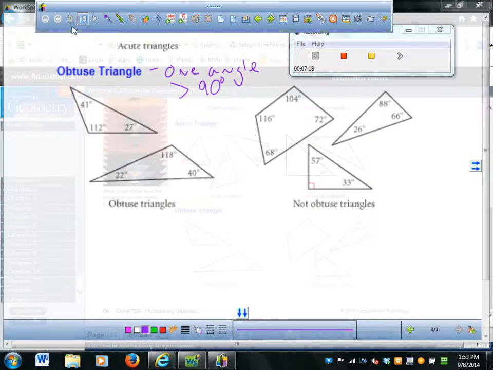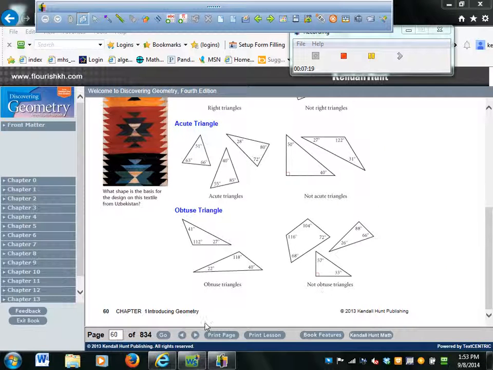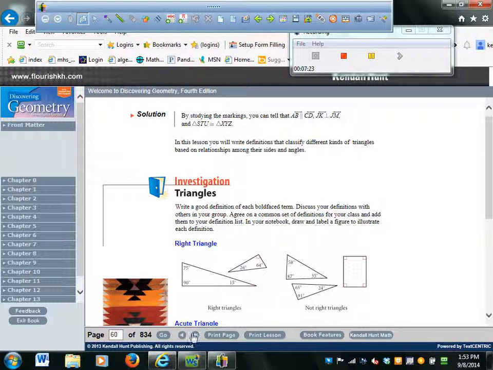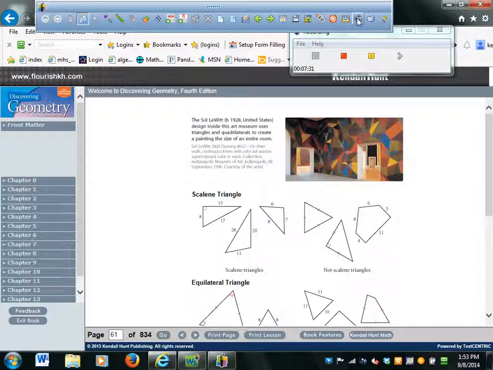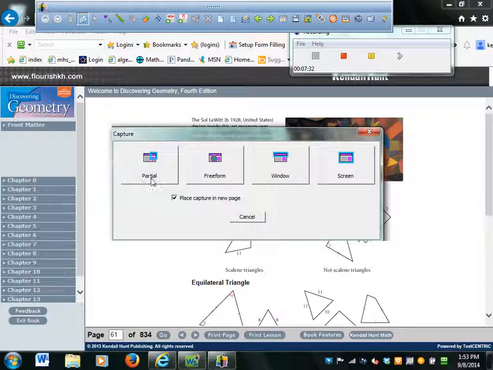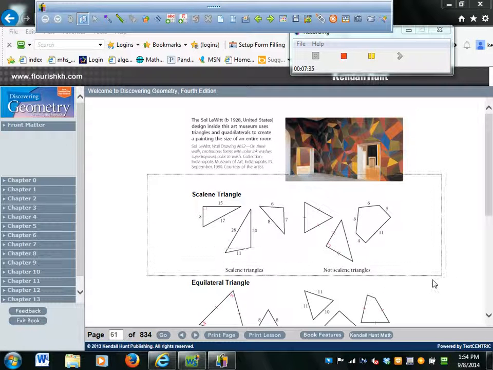Okay. Next thing they're going to talk about is scalene triangles. There's a scalene triangle.